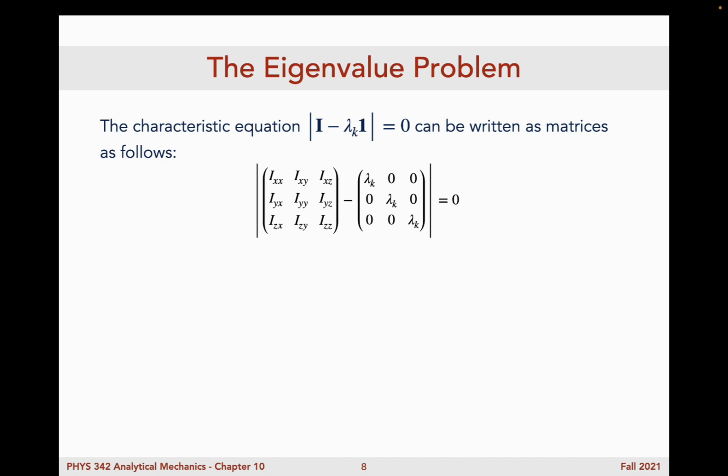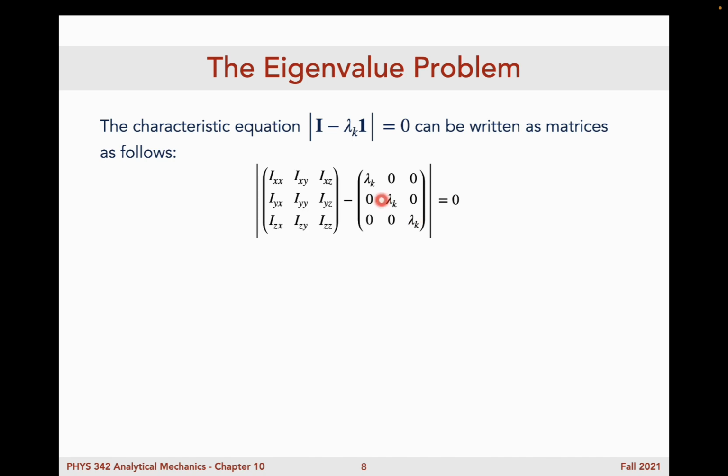Okay, so let's see what that looks like. Remember, I is our inertia tensor, so I'm writing it out in matrix form, showing all the components. Lambda times 1 is the identity matrix with the lambdas along the diagonal.